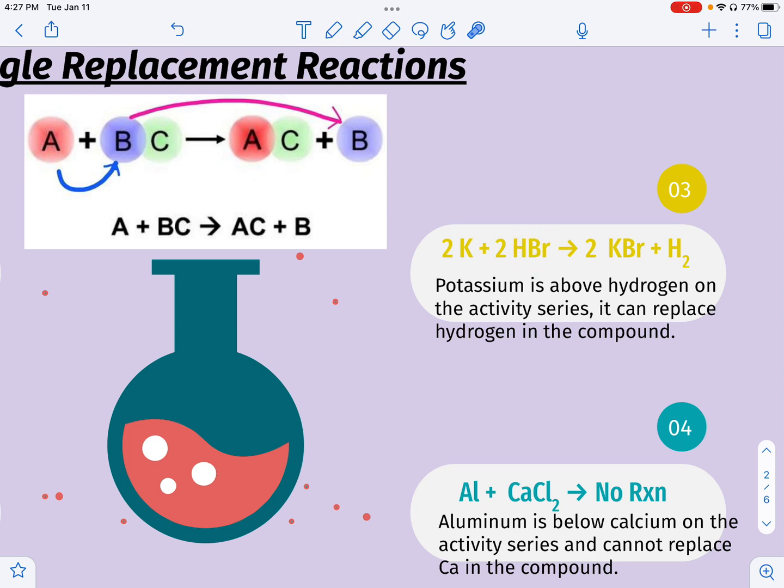It won't change. There won't be a reaction. But if potassium is more reactive than hydrogen, then we would get a new compound. And I'm comparing these two because potassium is a metal, it's positive, and in this compound, hydrogen acts like a metal, it's also positive. So I can compare those two.